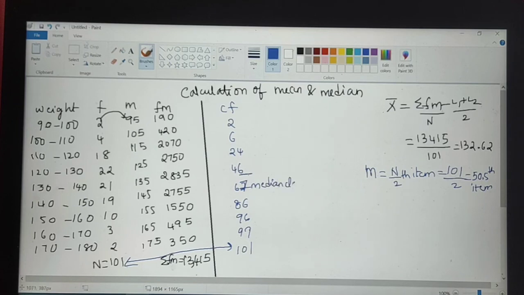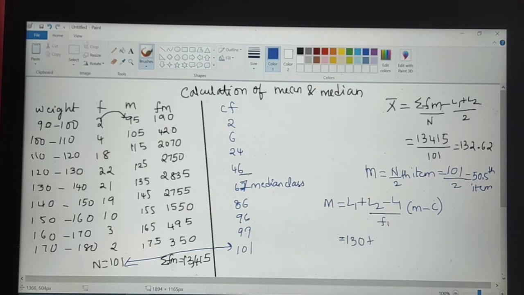Now if you apply the median formula, M equals L1 plus L2 minus L1 by f1 into m minus c. Our lower limit and upper limit fall between 130 and 140.